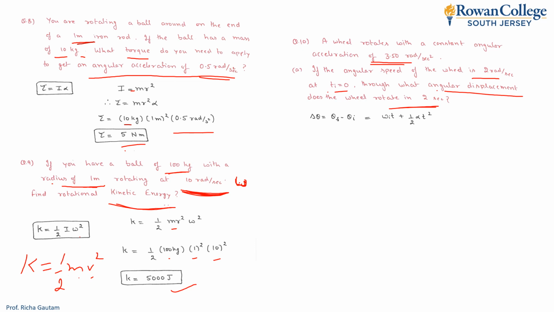If you remember, in translational motion we had delta x equals vi t plus half a t square, right? So in rotational motion, delta theta is your delta x, omega i is your initial velocity, t is the same, and alpha is your angular acceleration, as a is your linear acceleration.